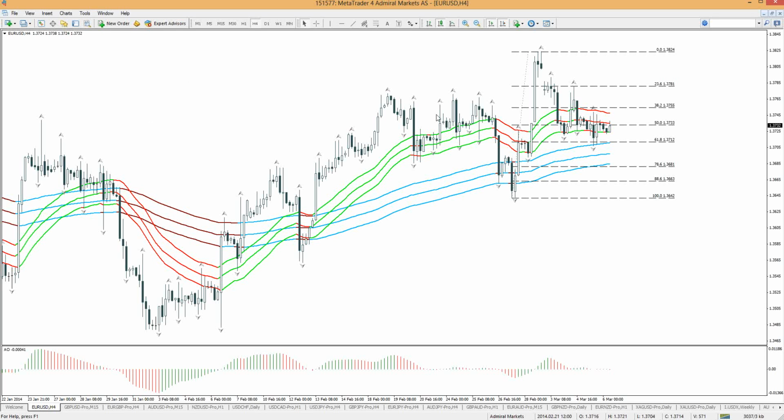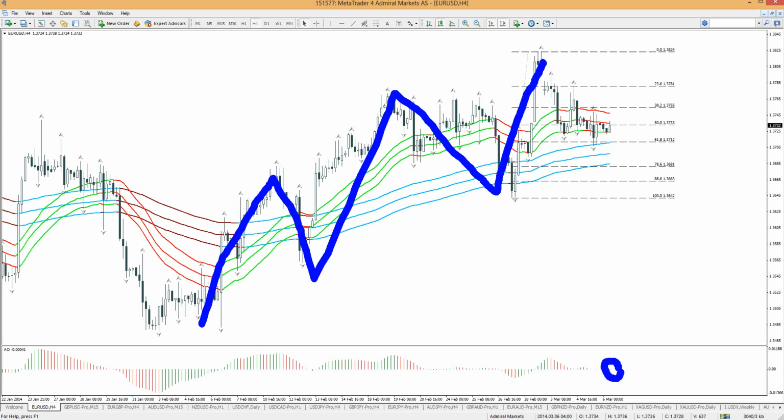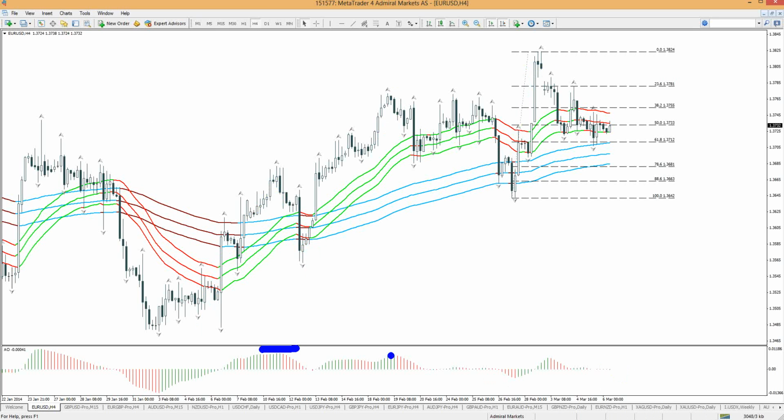Let's see. So we've got the euro-dollar 4-hour chart, and let's take a look at that oscillator. It's also back to the zero line here. But if you look at the previous oscillators, you can see that we had the upside momentum. Look at this oscillator here. Now that oscillator is weakening a bit, so there could be some divergence, or that divergence has been played out.